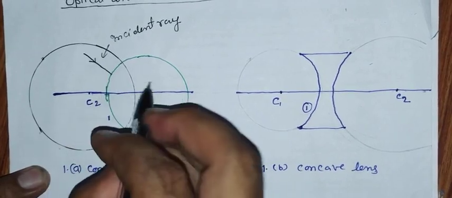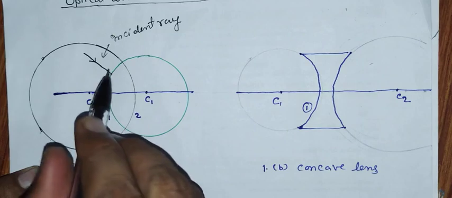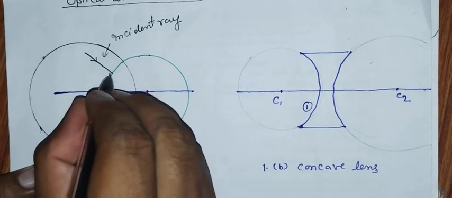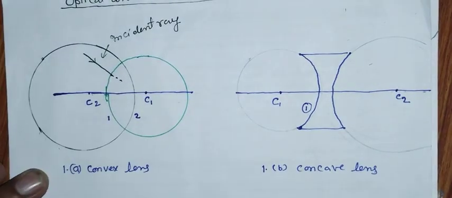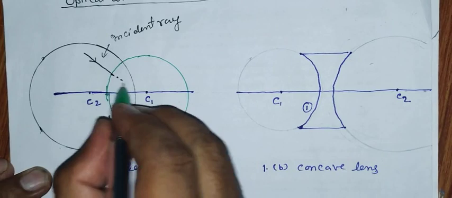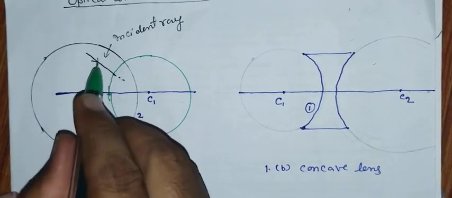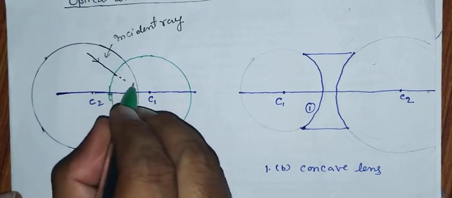Wherever you want to see the phenomenon of refraction, at that point a normal is required. Actually this incident ray is taken in the direction of the normal.